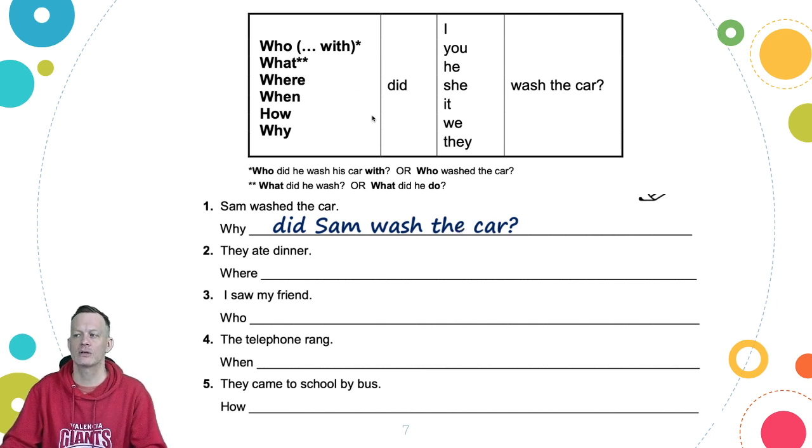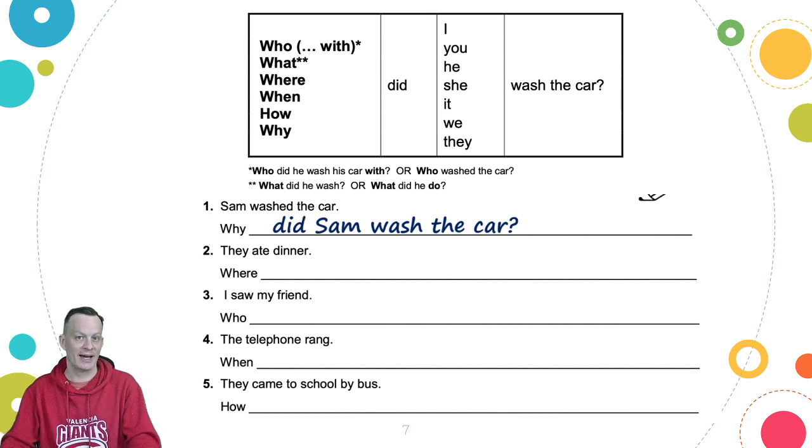We use did to help us make the question. Not do, not does, did. Did is the past of do and does, and it helps us make object questions in the past.